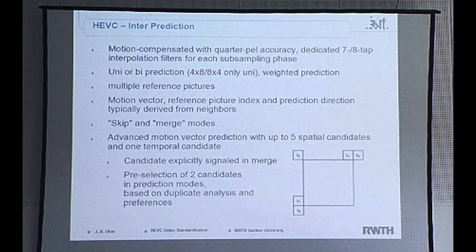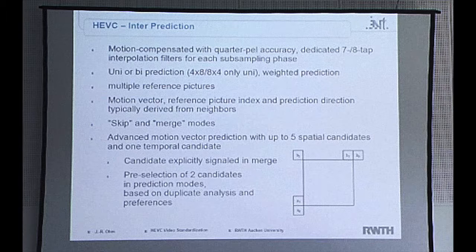We have the well-known skip mode, which is a little bit more improved, and we have a new merge mode. Merge means that you can inform the decoder that the current block uses the same motion vector that is already known for an adjacent block. For that, a series of candidates is computed.